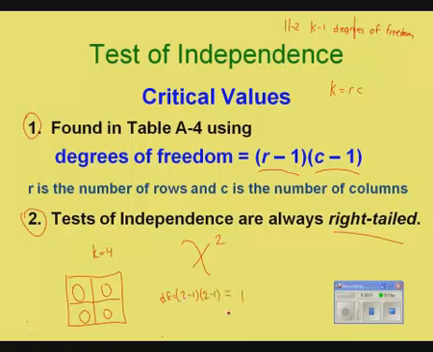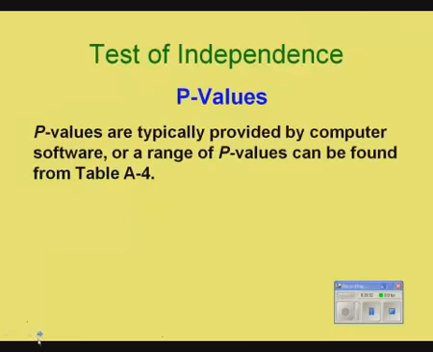That's only 1. See that? So it's something about the tables being linked up the way they are that you lose degrees of freedom. Not that I've been real precise with you about what degrees of freedom are anyways. But anyways, this is a question I have for myself. All right. But anyways, that's what you use. R minus 1 times C minus 1. P-values, computer software. I'll show you how to do that.